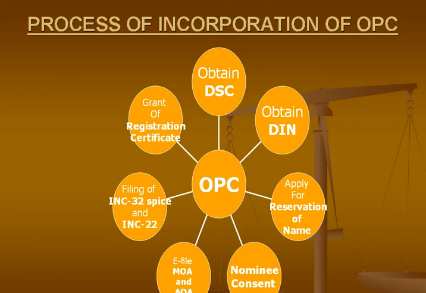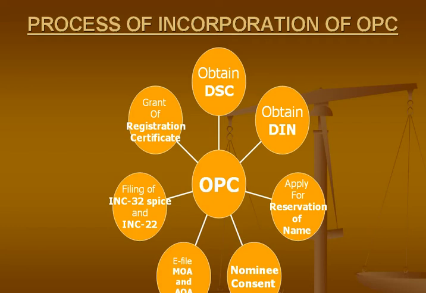Now, what is the process of incorporation of OPC? These are the steps required for the incorporation of OPC. Firstly, you have to obtain DSC, Digital Signature Certificate. Secondly, you have to obtain DIN, Director Identification Number, and then you have to apply for reservation of name in Form INC 1 with the MCA portal, and then nominee consent is required.